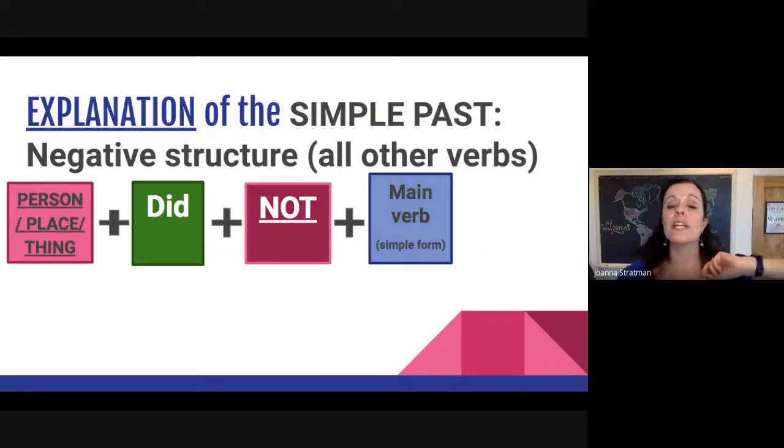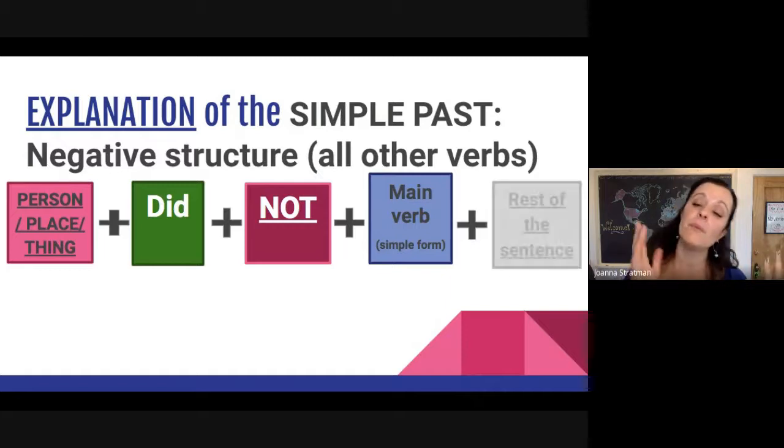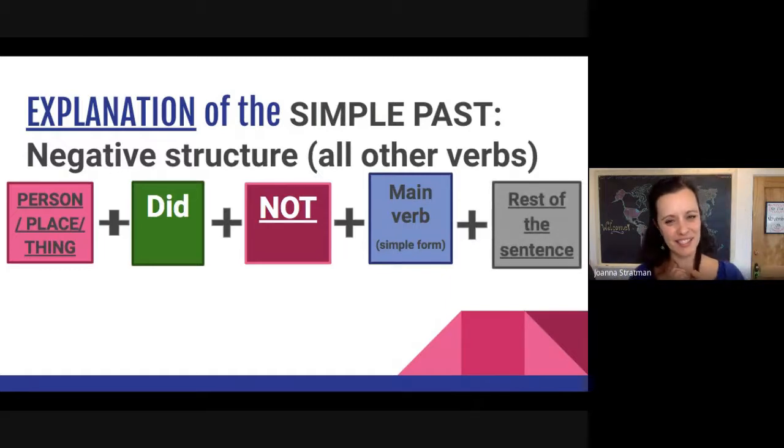So now we just use the simple form. Go, see, have. So be careful, do not use went or saw, but say go or see for the main verb in a no sentence. Then we have the rest of our sentence.